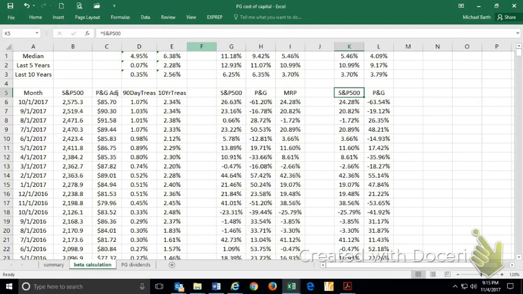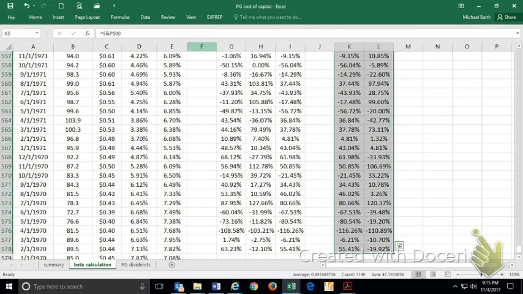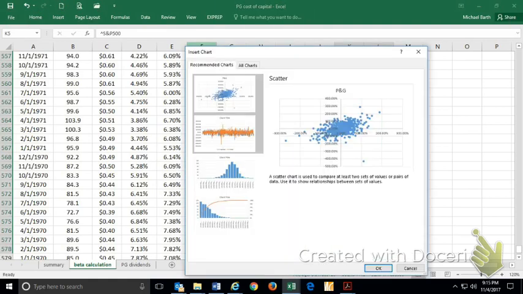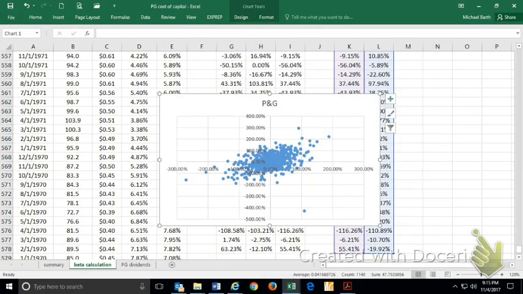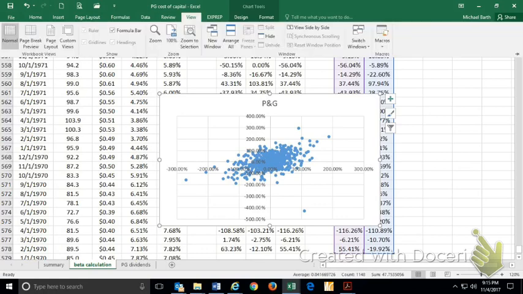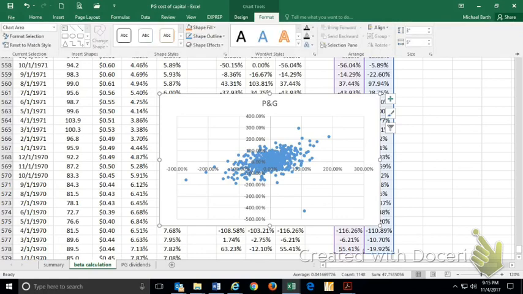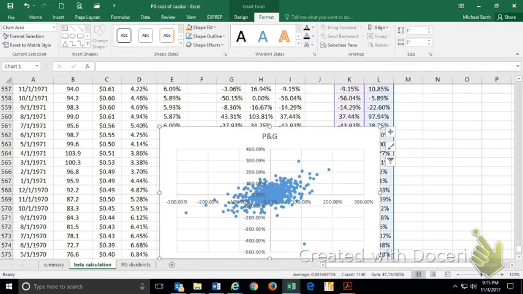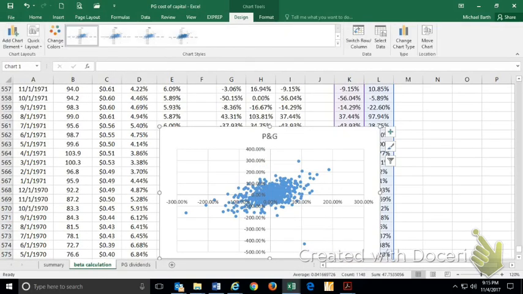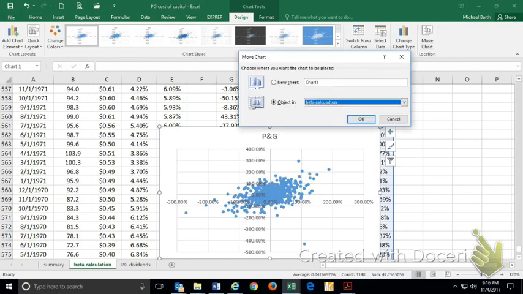Now, how you get a beta, once you have subtracted the risk-free rate from both the S&P 500 and Procter & Gamble, is you regress them. The easiest way to do that is to make an XY graph here in Excel. I want to move the chart to a new sheet because they're easier to work with like that.